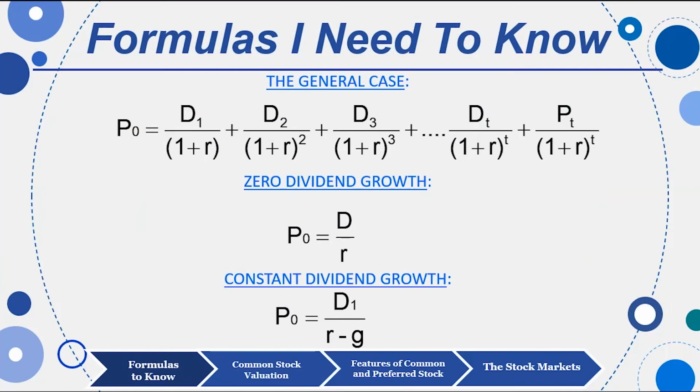3 key formulas to valuing stock. There's the general stock valuation formula. I call it the wildly fluctuating stock valuation formula. If your dividends are wildly fluctuating, or the required rates of return are wildly fluctuating, or the G growth rates are wildly fluctuating, we need to use this equation to value our stock. Then we have a second model, zero dividend growth, which is the same dividend forever in perpetuity.